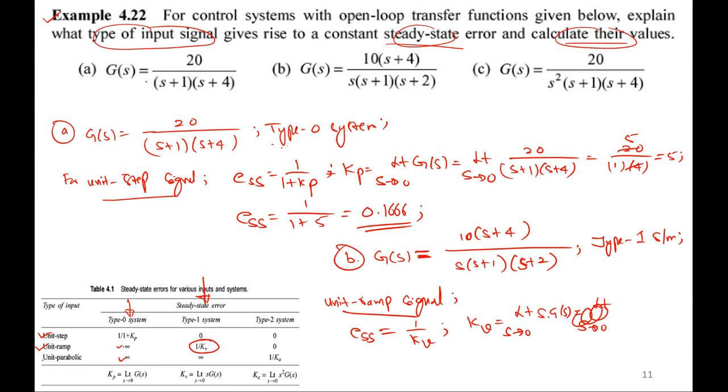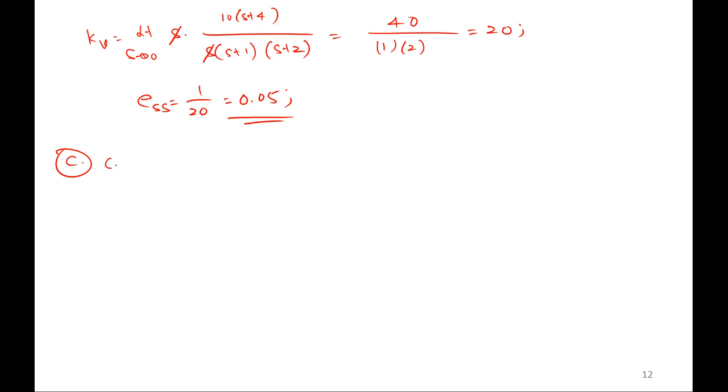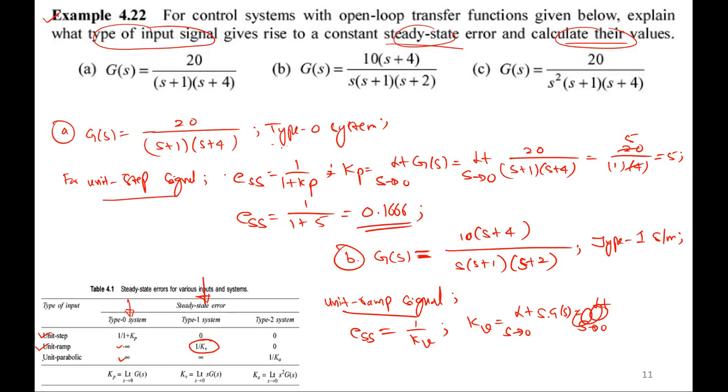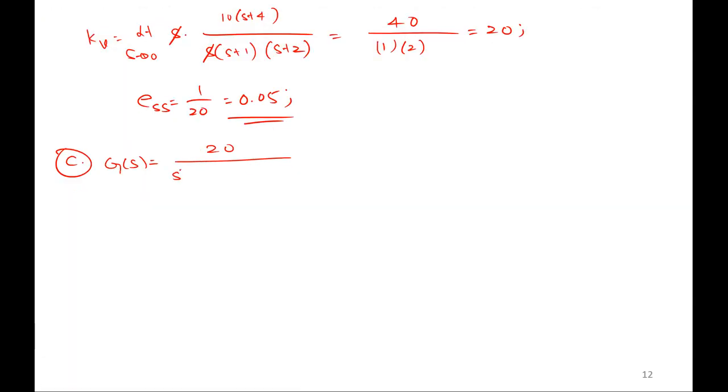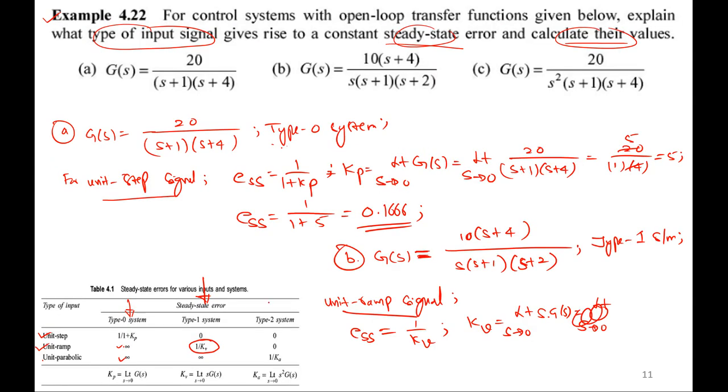Then g of s is equal to 20 divided by s square into (s plus 1) into (s plus 4). The type of system is type 2, because s is squared, so n is 2. Just observe the table for the type 2 system.